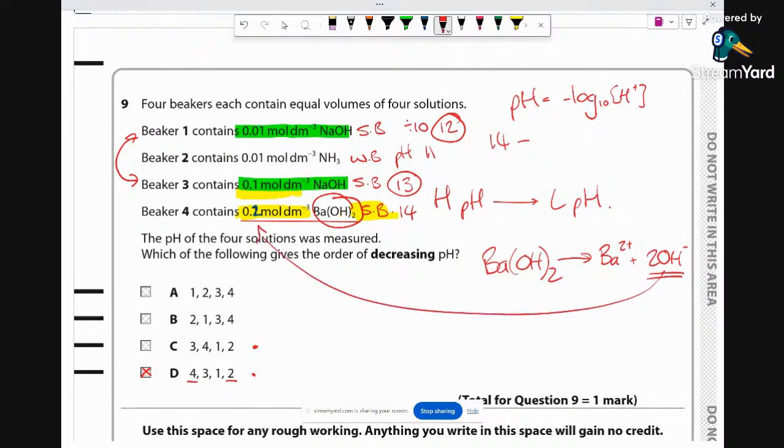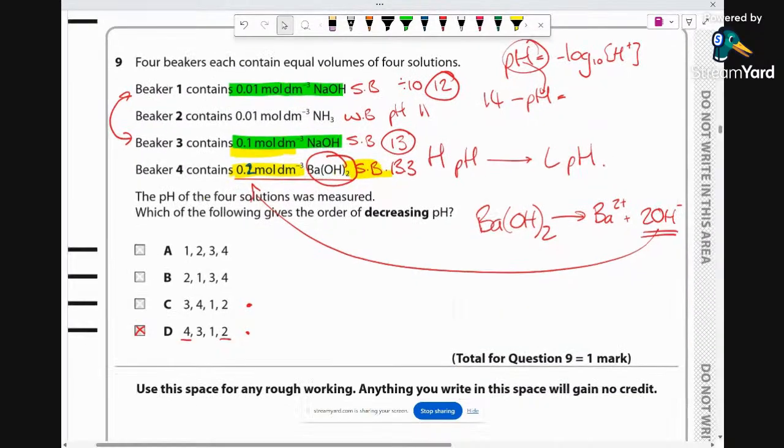So I can do minus log to the base 10 of 0.2, and I go 14 minus answer, and I get 13.3 for that one. If you're wondering, I'm working out this value, and then I'm doing 14 minus the value to give me the pH. It's kind of called pOH, but I don't particularly like it as a trick. You shouldn't really use it, but it's useful in this regard. Okay.